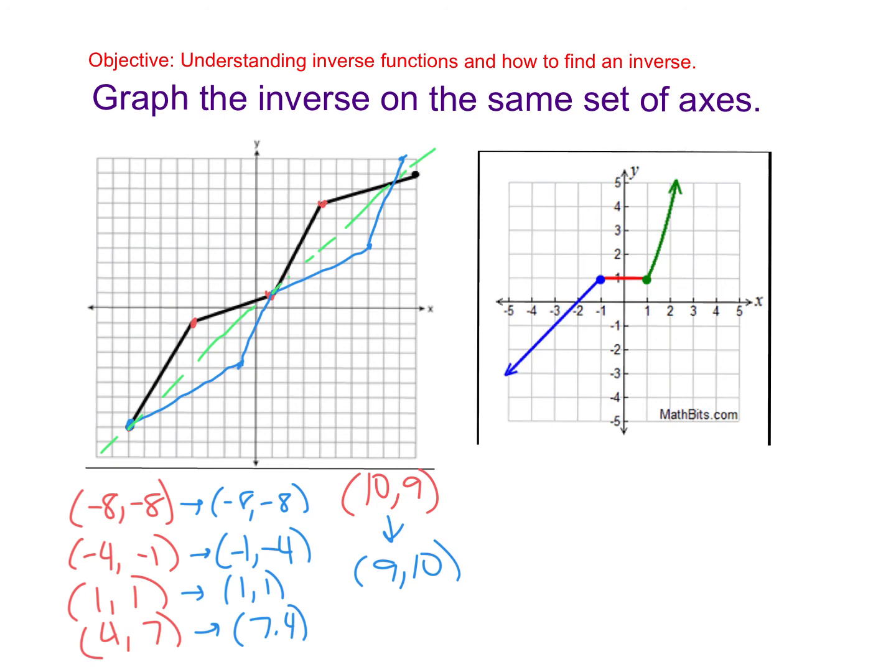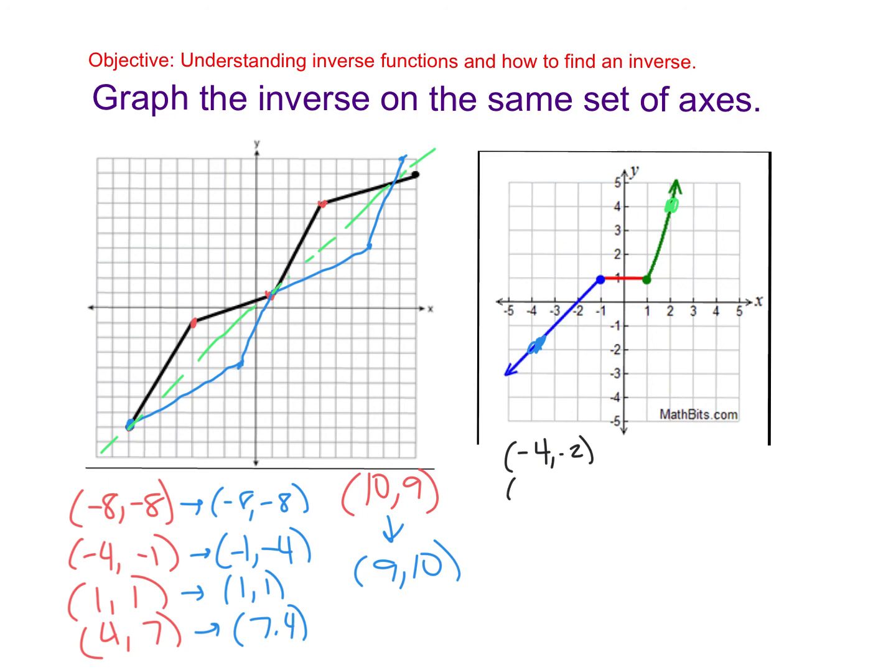Okay, so I want you to try this one. Now, I would add a couple extra points in here, like maybe this point, and then maybe this point. So pause the video and try this one. All right, so I've got -4, -2.